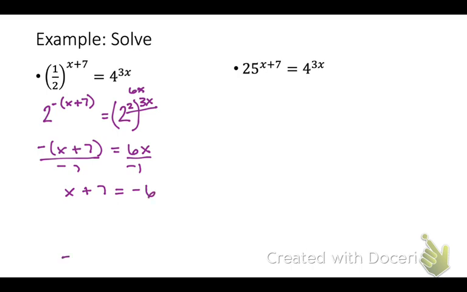Now, could I have made it negative x minus 7 equals 6x? Could I have done that also? Yes. The thing is, if I can divide by that -1, it makes it easier because you guys usually just say, oh, you got to distribute, but you get to the x and you stop, don't you? Okay, now what? Oh, I forgot my x, didn't I? Now what?